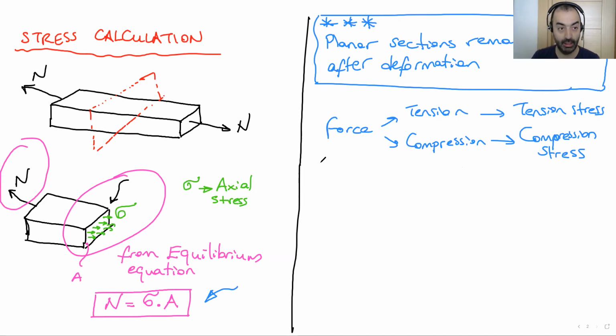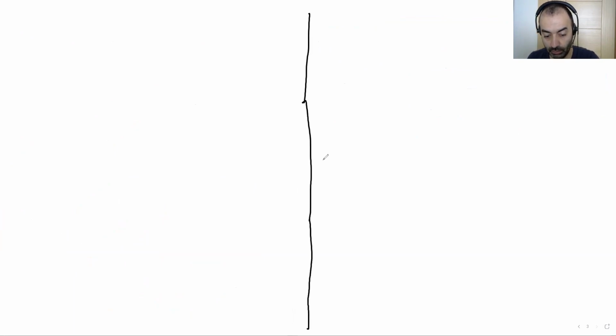Okay, let's jump to another page. We can write this force and stress equation, N equals stress times area, for an arbitrary shaped prismatic member. Let's draw it here.